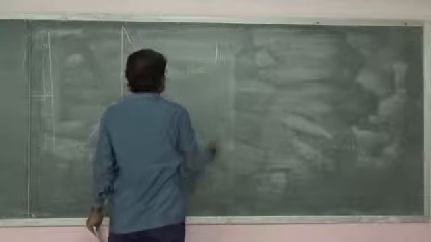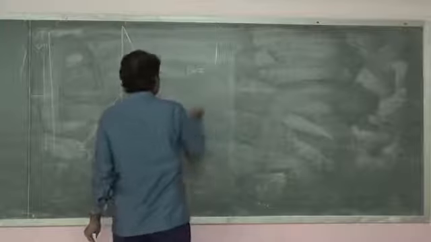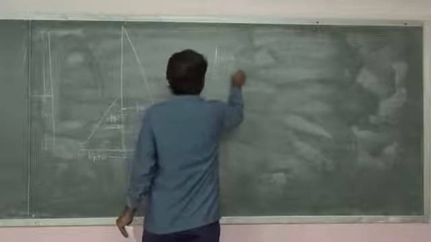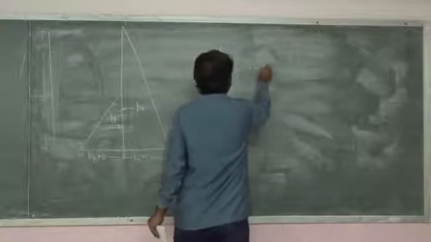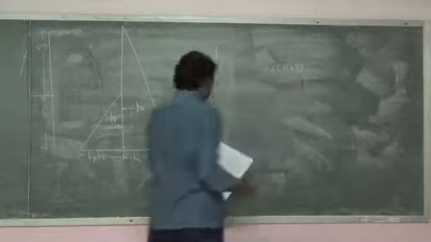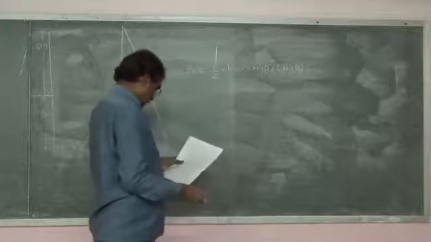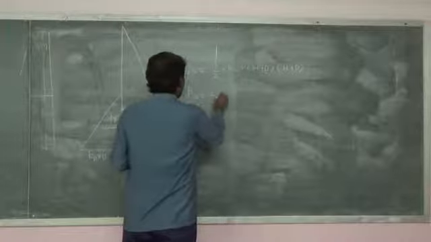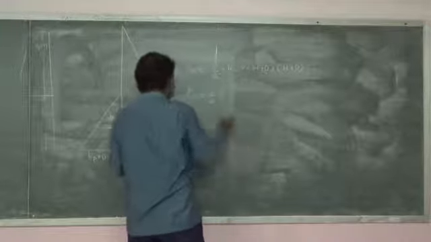Small pa is equal to 1 by 2 into Ka gamma H plus D into height, which is H plus D.